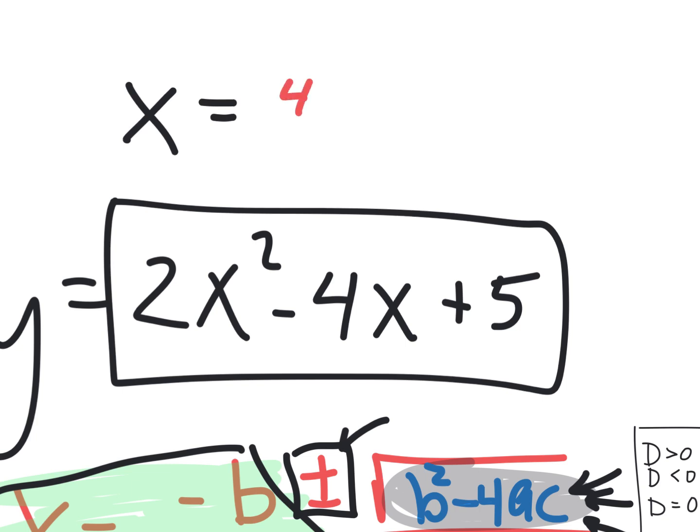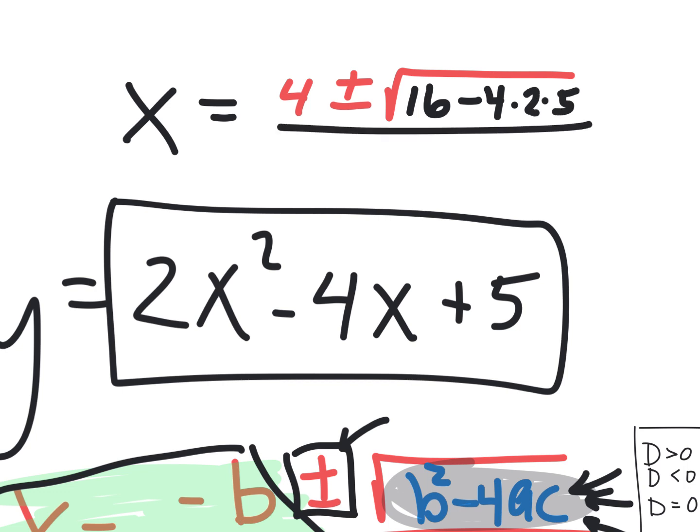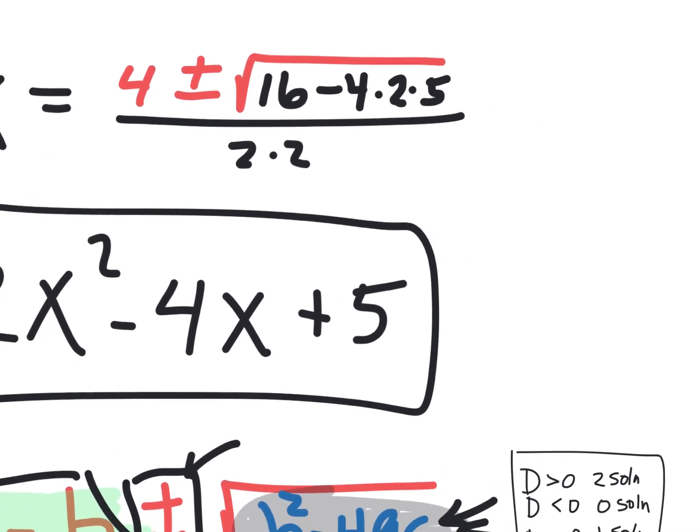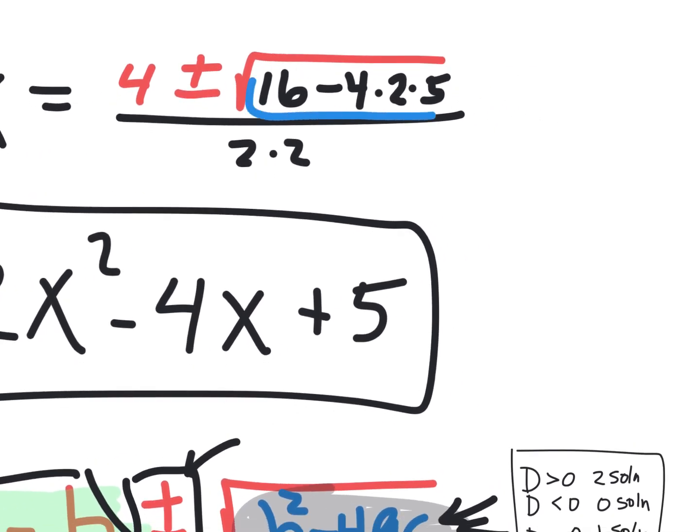Negative b would be 4 plus and minus the square root of b squared, which is 16, minus 4 times 2 times 5, all over 2a, which is 2 times 2. But that's overkill, because the discriminant is just this part. You could have just saved some work if you'd just done that part.